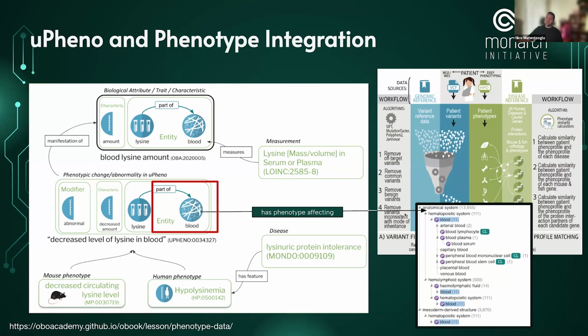And this is just a reminder of how these things interconnect with each other, and that decisions we make in Uberon do have impact on diagnostic yield in advanced downstream diagnostic tools such as Exomizer.